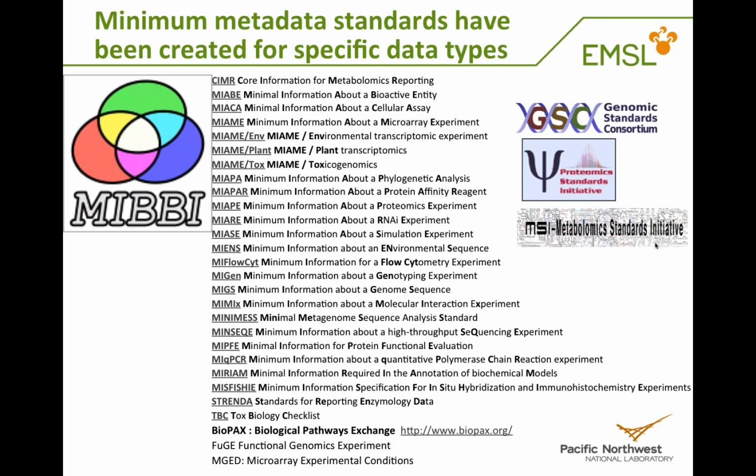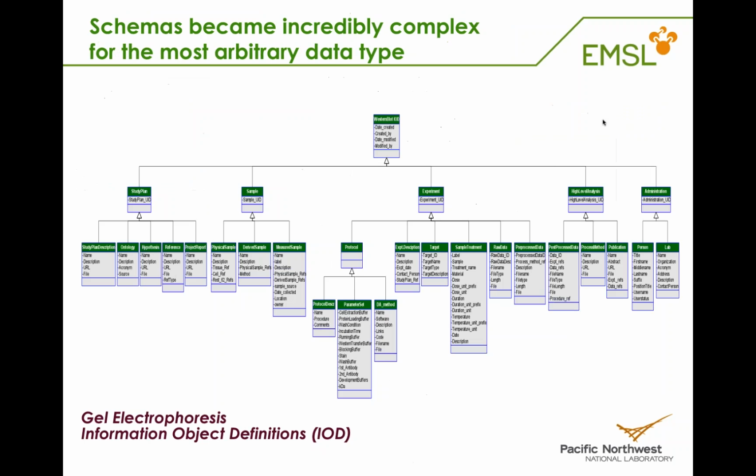The problem with minimum data standards is that the amount of minimum data you need for even the most trivial experiments is enormous. So this was a schema that was prepared by a collaborator to capture the information on a Western blot.